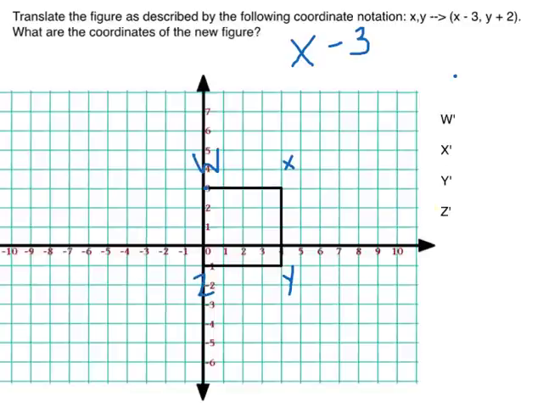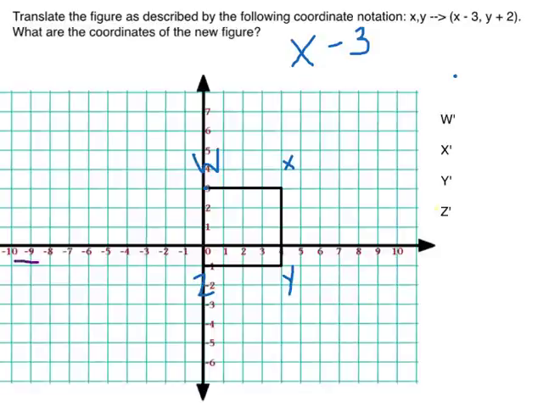In this example, I have square WXYZ, and I want to move it according to the rule x minus 3, y plus 2. X minus 3. Remember, x represents my horizontal change, and if I want to do x minus 3, I want to decrease my values.